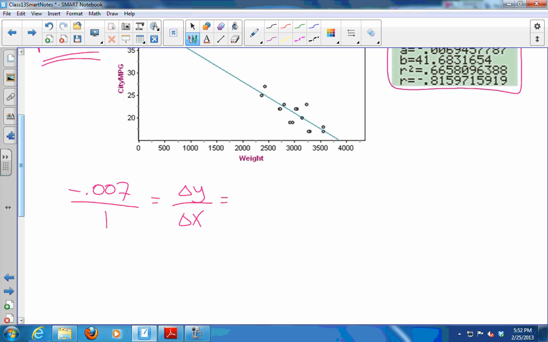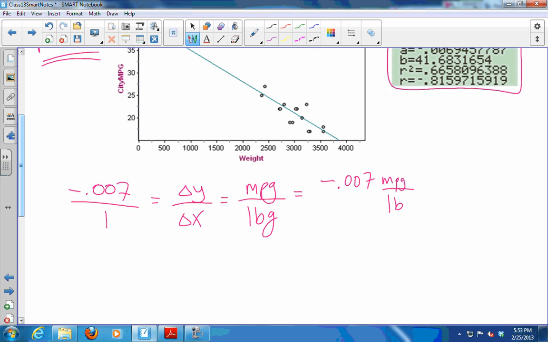What are the units on the y coordinates? Miles per gallon. And my x units, what are those? Their weight. What is the unit for weight? Pounds. Miles per gallon per pound. So my slope is negative 0.007 miles per gallon per pound.